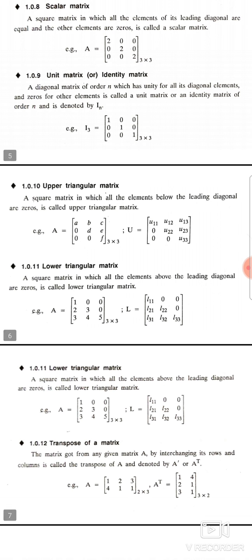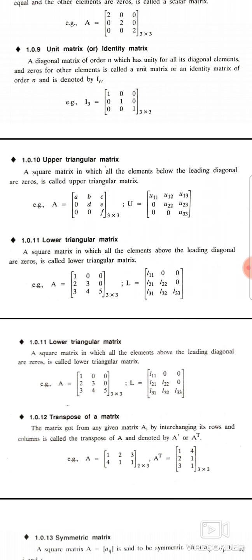Lower triangular matrix. A square matrix in which all the elements above the leading diagonal are zeros is called a lower triangular matrix. Example: A is a 3×3 matrix.